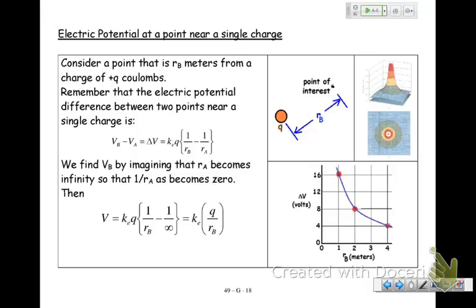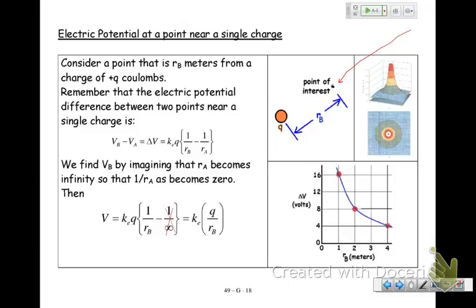What we do here is the trick we did before, where we say, let's call infinitely far away from any charges, or significantly far away from any charges, 0 potential. So we imagine bringing this point of interest from infinity to there. Our initial distance was infinity, which means that term goes to 0 because it's 1 over infinity. So we end up with this very simple form.